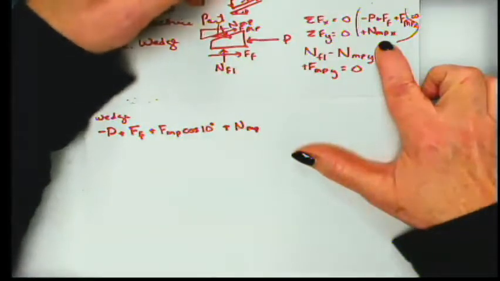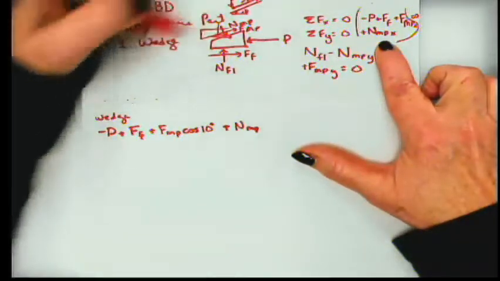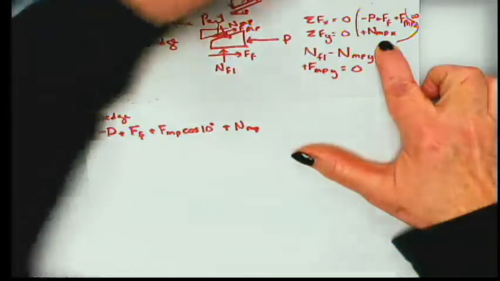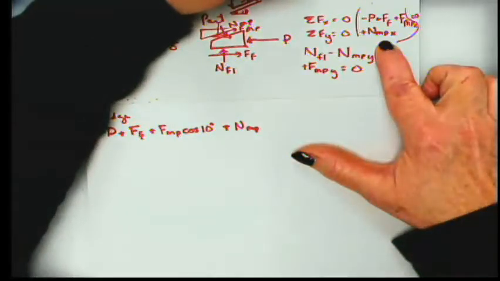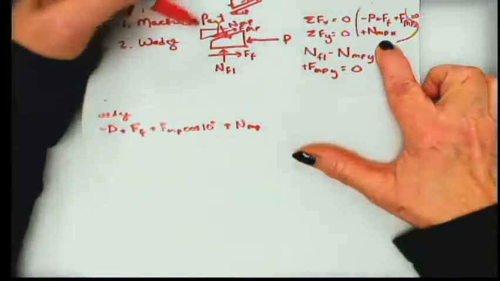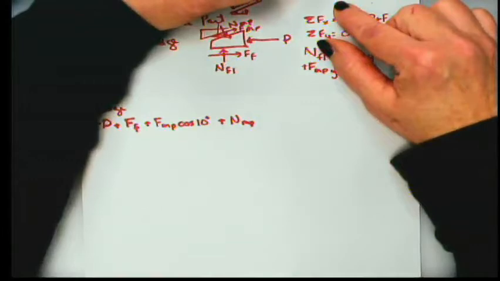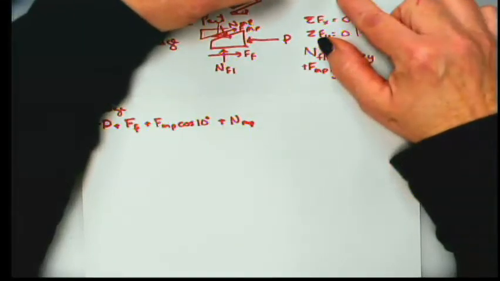The normal is, let's go ahead and draw this again. So the normal piece looks like this. That means that we have a y component and we have an x component. And so if this angle is 10 degrees, this is perpendicular to this.